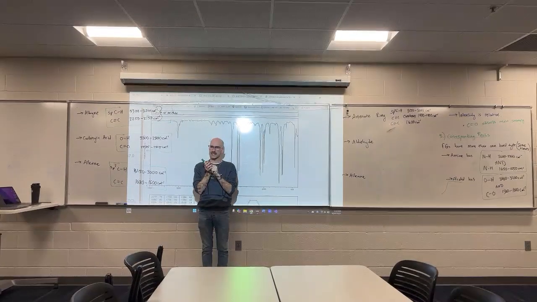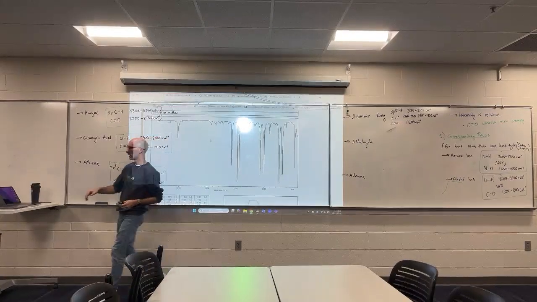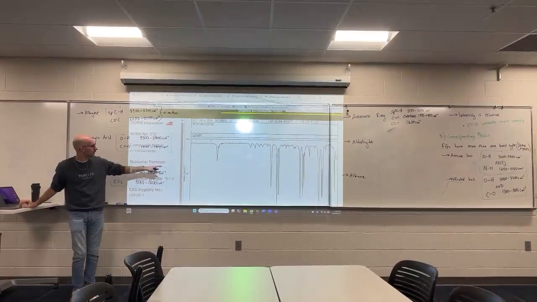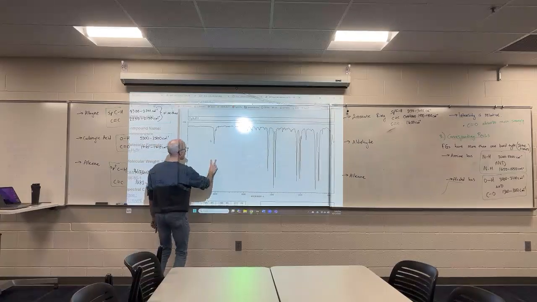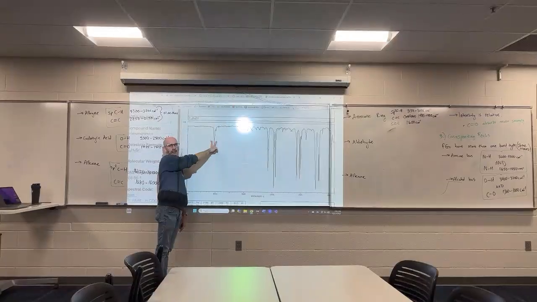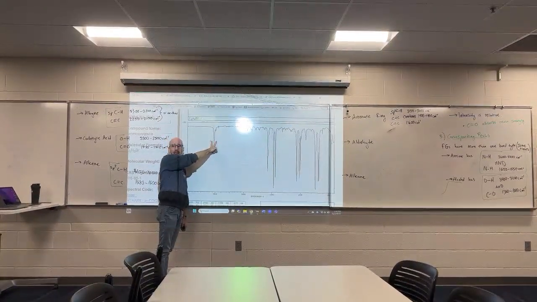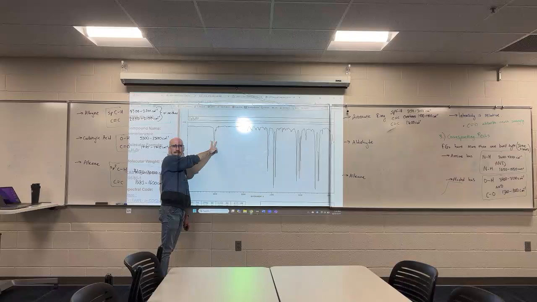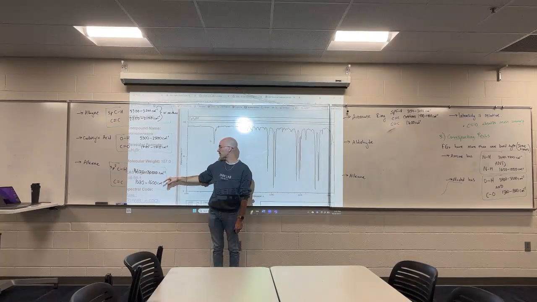So if you see a signal that corresponds to an sp2CH, like say here, here's my range for sp2CH. How do I know whether that sp2CH belongs to an alkene or to an aromatic ring? Well, I can look for some differences in their other corresponding peaks.